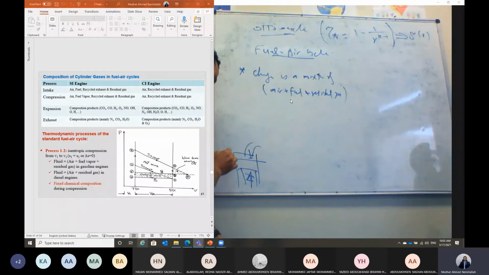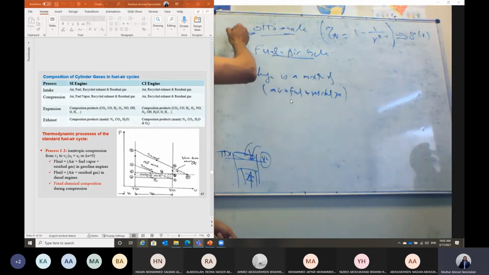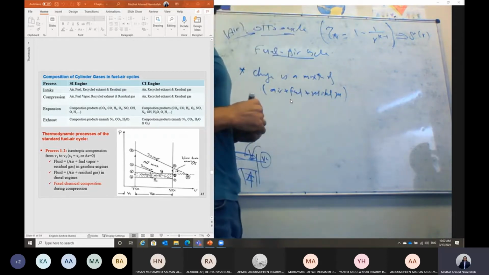When the piston reaches the top dead center, some residual gas is still in the clearance volume. So we will consider those residual gases in the charge, unlike the case of the standard cycle. In the standard Otto cycle, the charge was considered only as air. In this case, I will consider the charge as air plus fuel plus some residual gas.